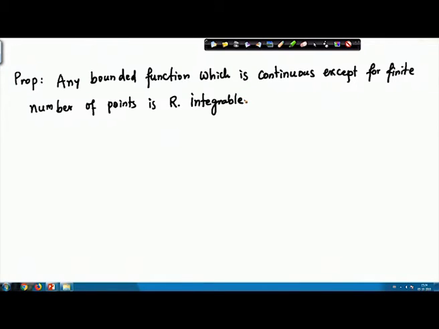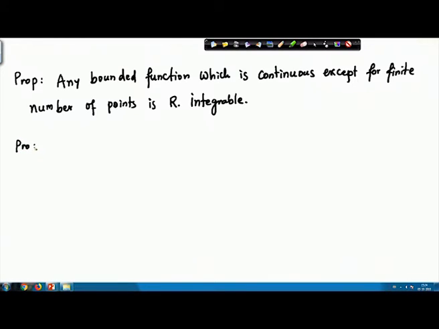So if you have a bounded function which is continuous except for a finite number of points, that means there are a finite number of points where the function is not continuous, even in that case your given function would be Riemann integrable. There is a little bit generalized form of this theorem.